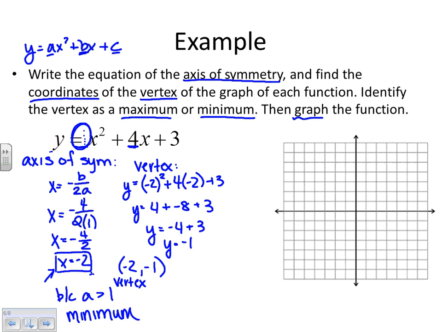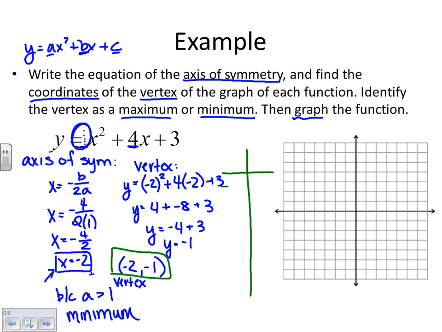All right, and then it asks you to graph the function. Well, how did we graph the function before? We had a table. Well, we know that one of our points is going to be this vertex. So that vertex is going to be that middle point. So I want digits on either side of that middle point in order to graph my parabola.